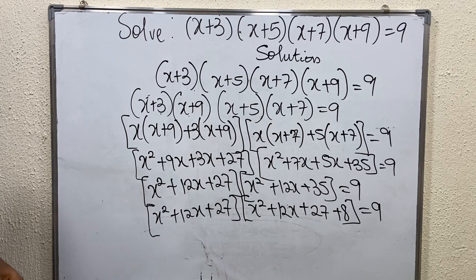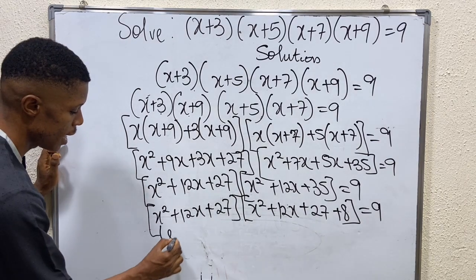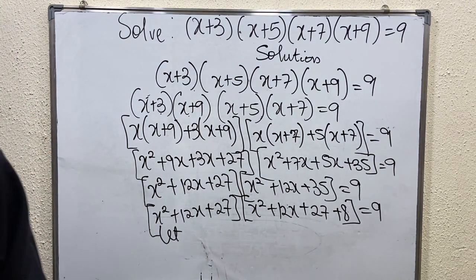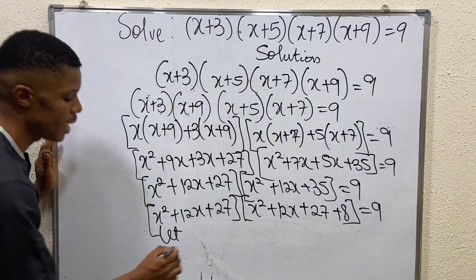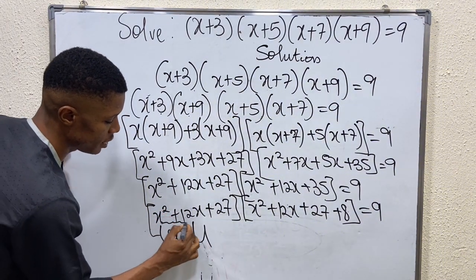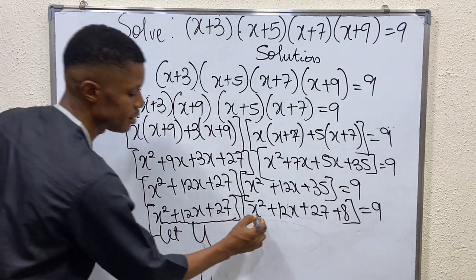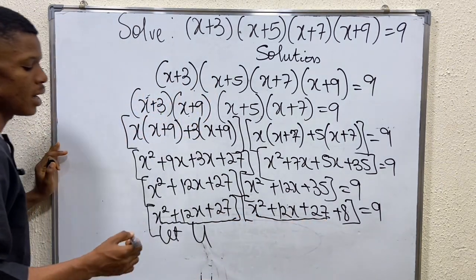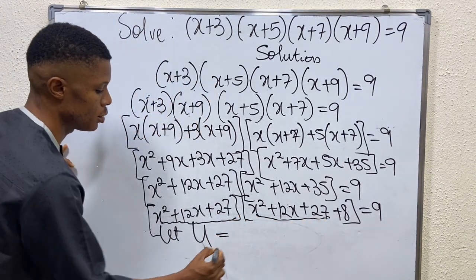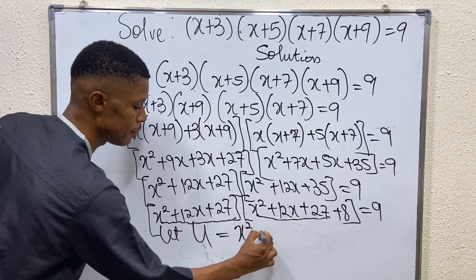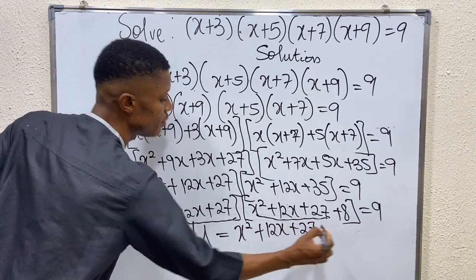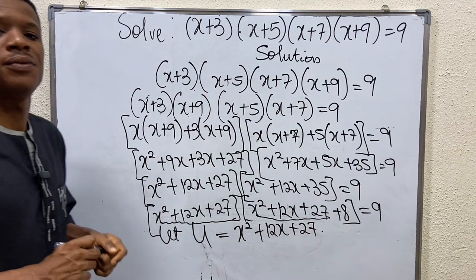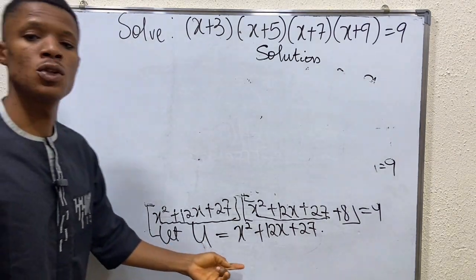So at this stage, we can now say let u be equal to x squared plus 12x plus 27. This is now the value for our u. Accept u to be this.